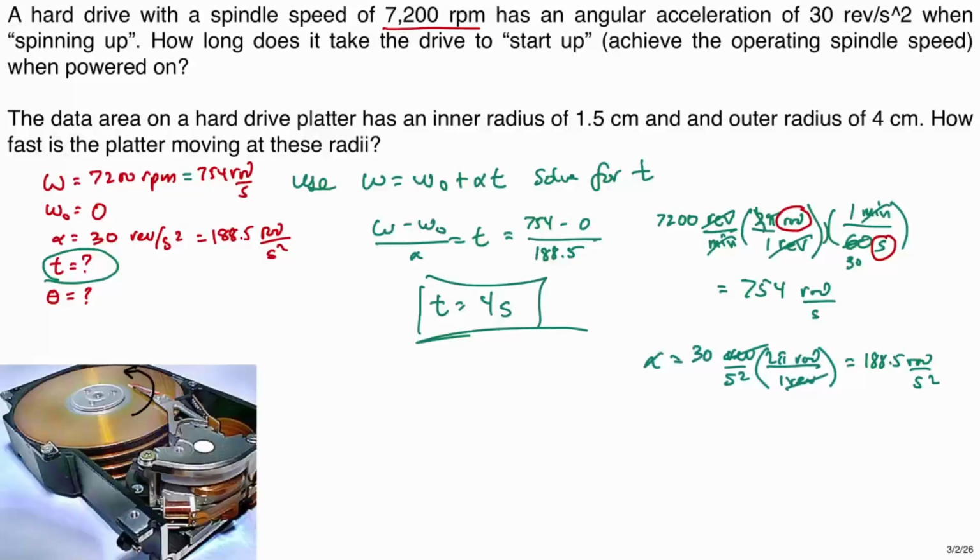Take this drive: 4 seconds for the motor to get up to speed before it could even start reading and writing information. Actually, a little bit longer than 4 seconds because that's the spindle speed. The drive still needs to run calibration routines before it can start read-write operations, which takes another half second or so. All right.